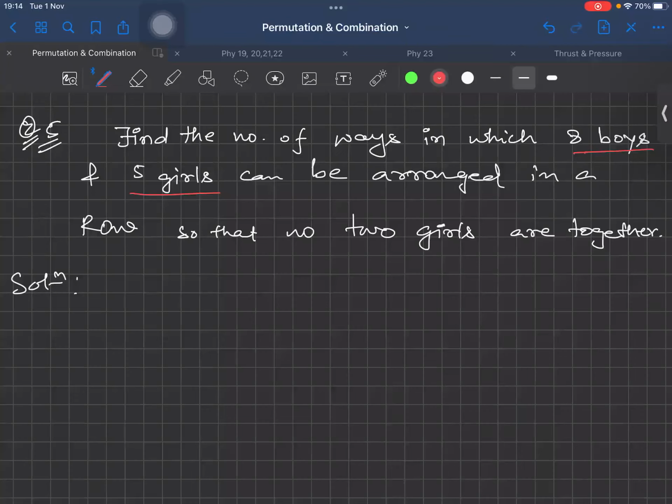Anyone, how will you proceed for this problem? This is a little different from what we have done till now, right?